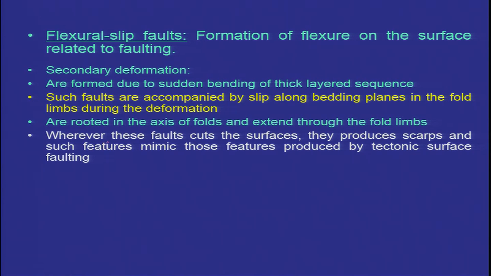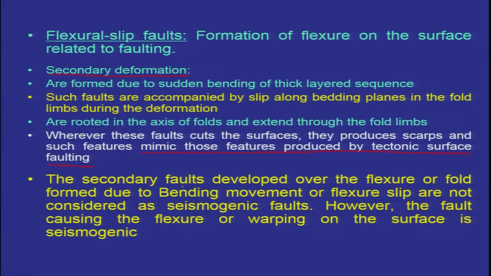Where these faults cut the surface, they produce scarps, as we were looking at in the previous slide. Such features mimic those produced by tectonic surface faulting, so we need to be very careful in understanding whether they are related to secondary deformation or to the co-seismic rupture.